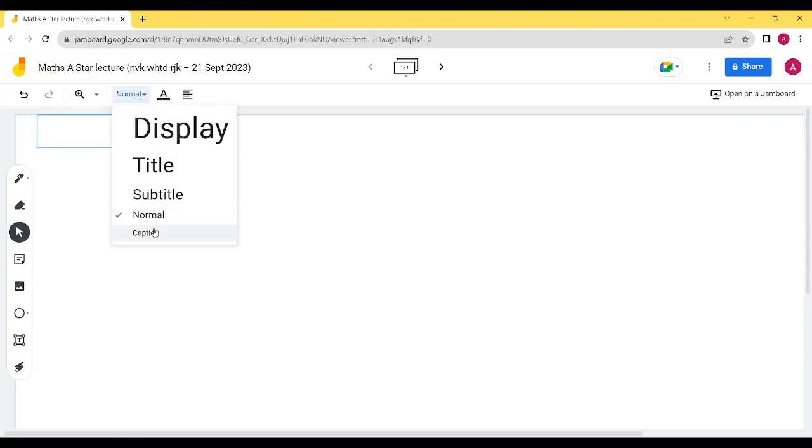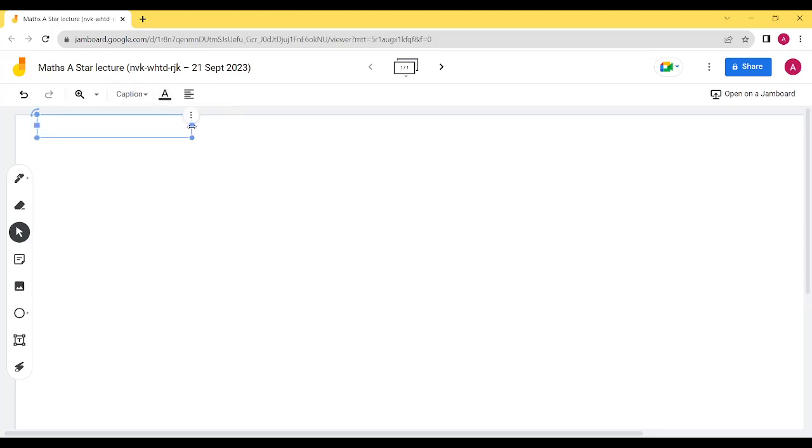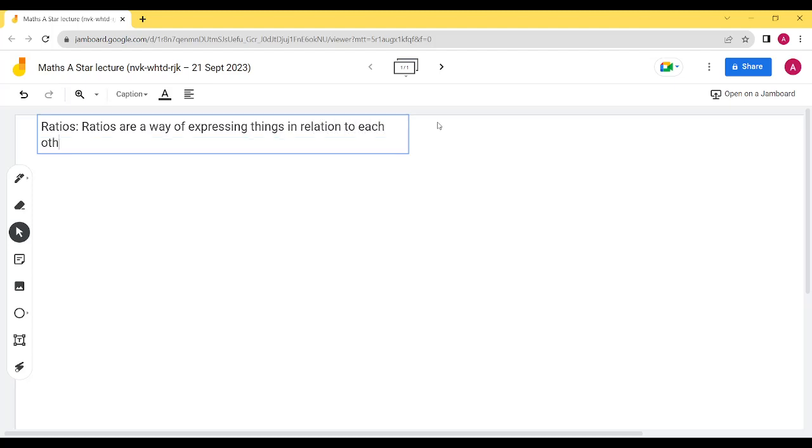So basically, to start with, we'll just do a little bit of an introduction. What are ratios? Ratios are a way of expressing things in relation to each other.